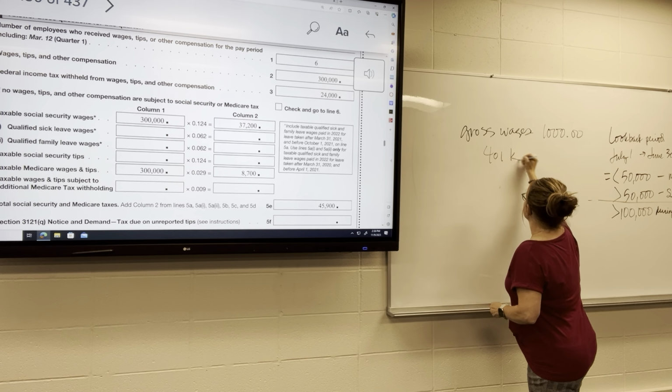But for Social Security and Medicare, they don't. It's going to be based on the full 1,000. So these boxes could and oftentimes are different.